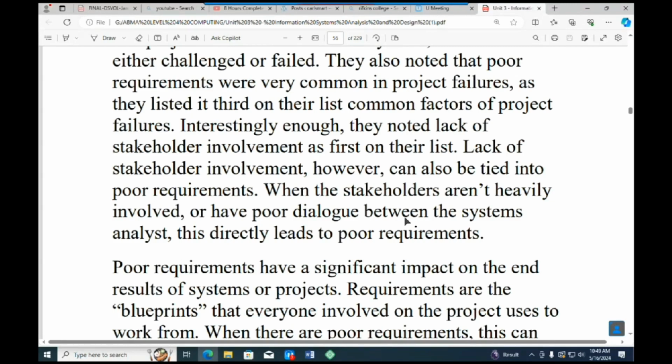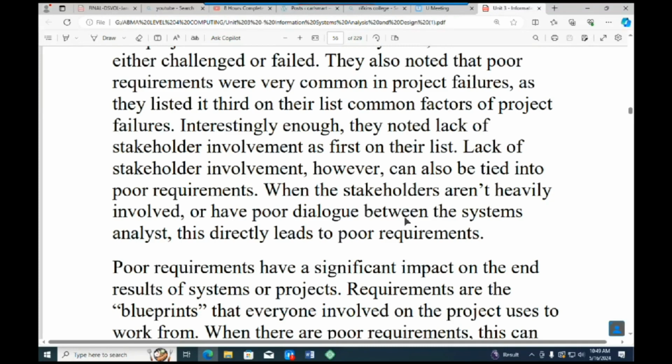In other words, the projects were not involving the stakeholders, the people who are actually funding the projects. Projects were implemented by the people working on them without involving the stakeholders, and that led to a bigger number of failed projects.